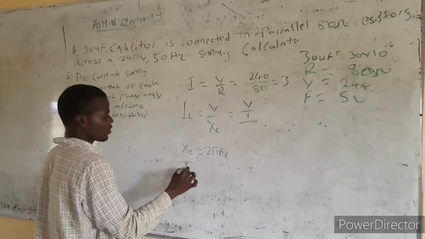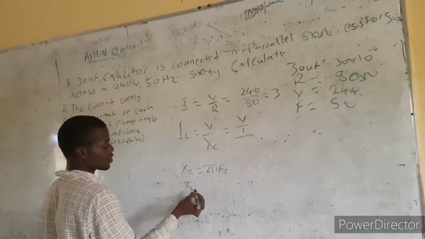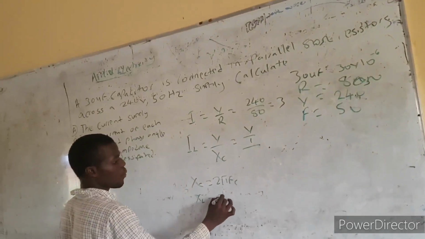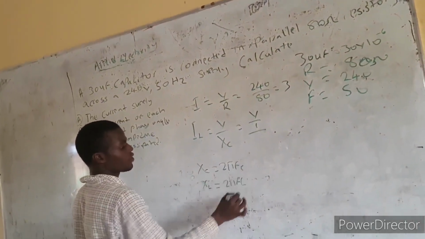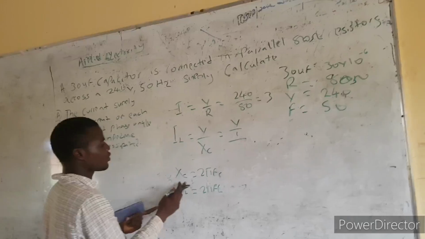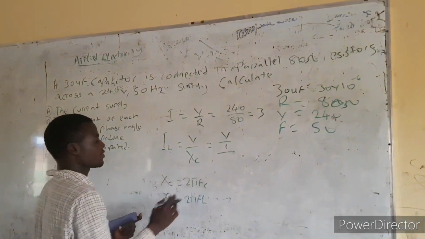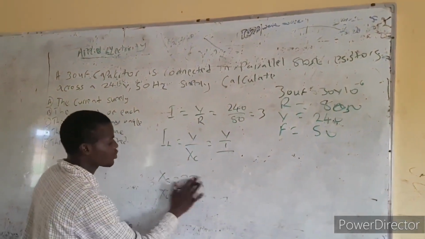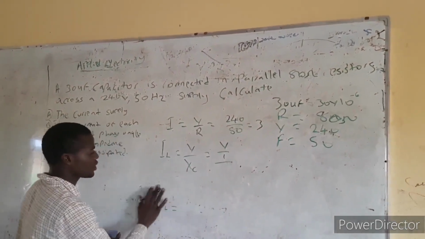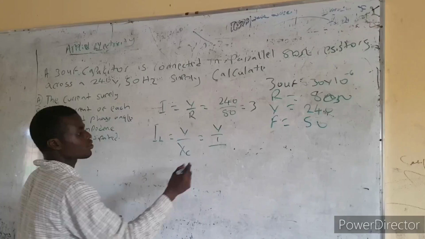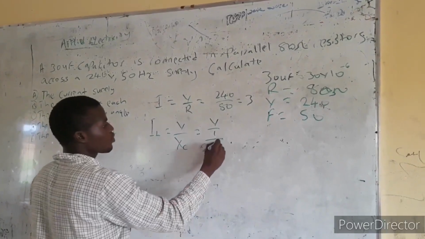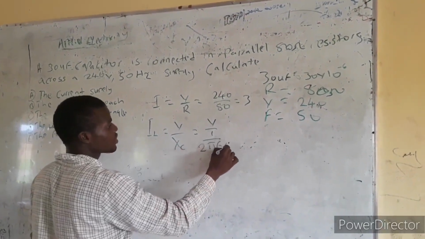If it were an inductor, the reactance would be 2 pi FL. But now we are dealing with a capacitor, so we are going to use 2 pi FC, since we are dealing with a capacitor.